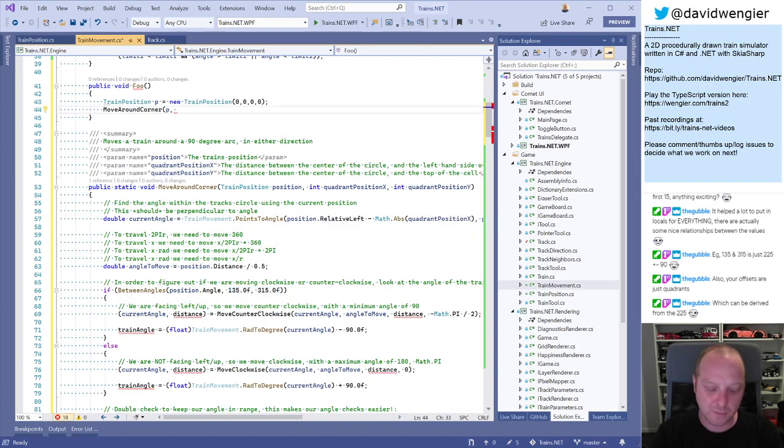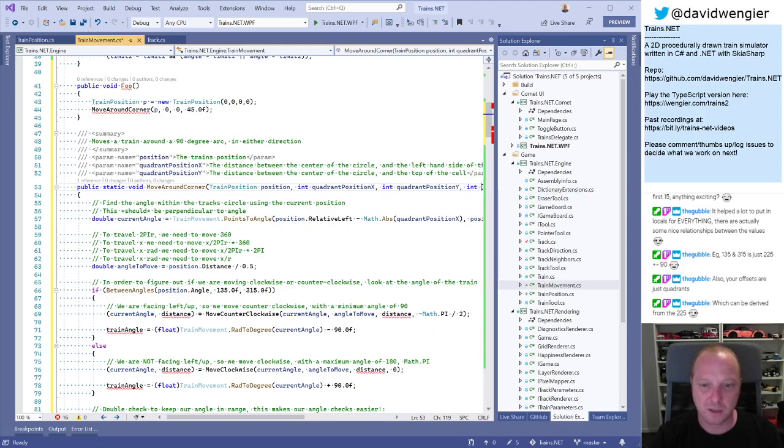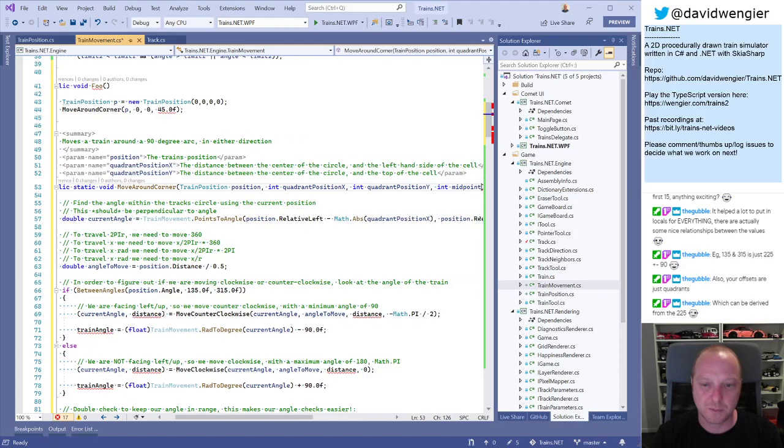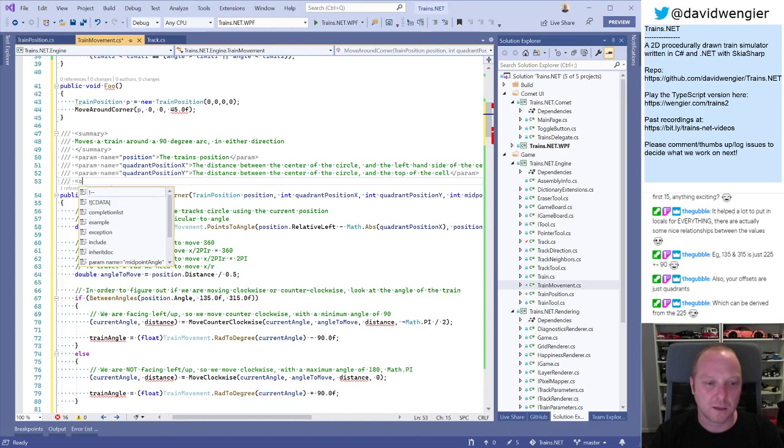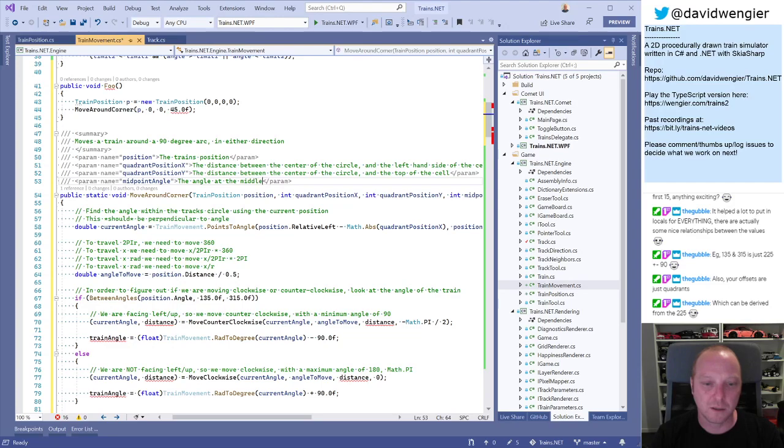So okay, if we're going left up, it's 0, 0. Then we want to pass our angle, and the angle for that would be 45. So what's that? That's the midpoint angle. The midpoint angle is the angle at the middle of the arc you want to move.